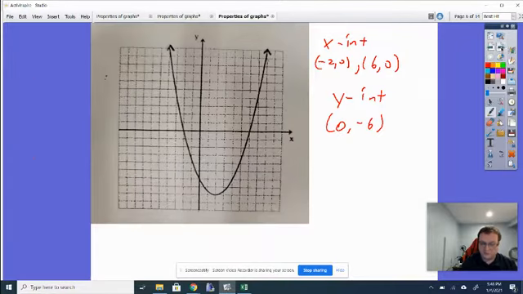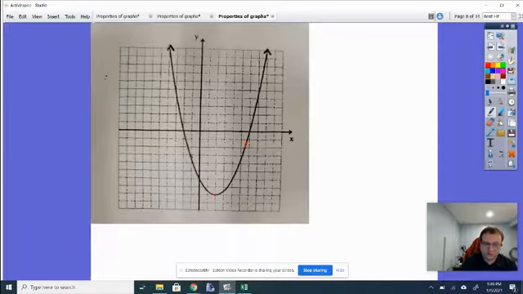Meaning, again, going down from here, my next point is a little bit less, until I get to that vertex. The vertex is what we would call a constant point.